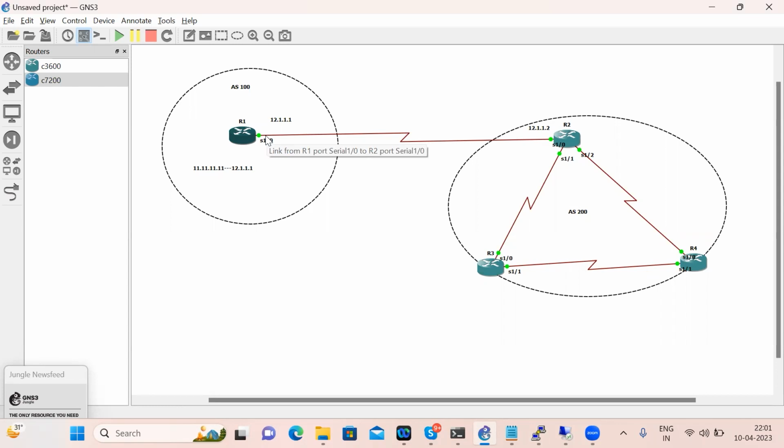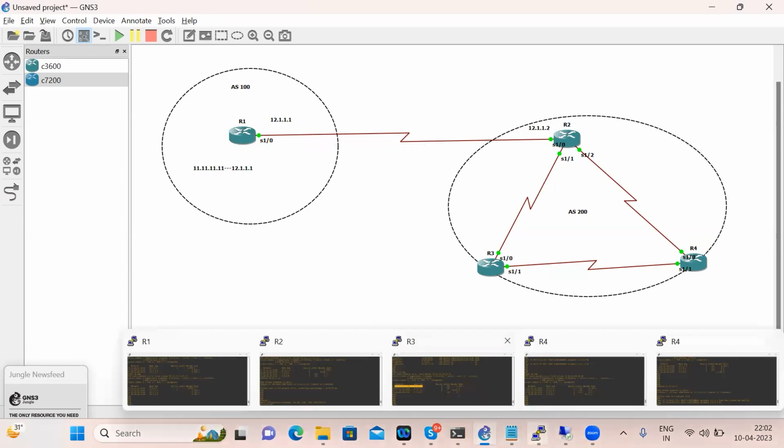On router 2, we are removing the second rule, which is next hop originating. Instead of next hop originating, we will use next hop self. Now see here how it is written.